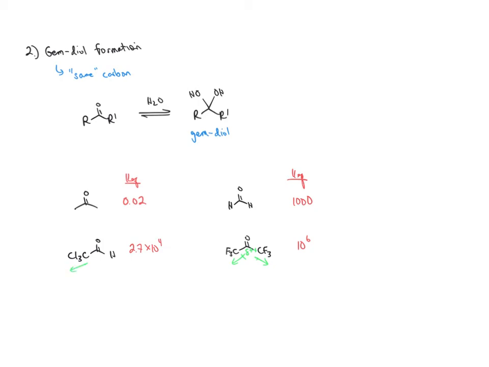So you've got some really electron-withdrawing chlorine atoms, electronegative atoms that are pulling electron density away from that carbonyl. That's going to lead to even greater positive charge and increase the Keq value. And of course, if we compare the formaldehyde versus acetone, we can see the effect of sigma donation here.